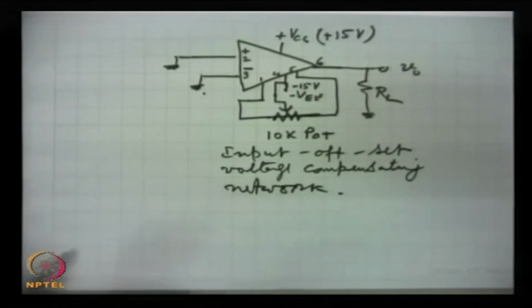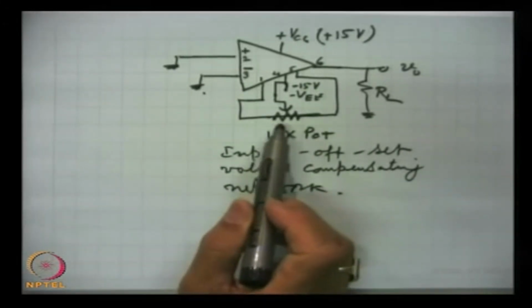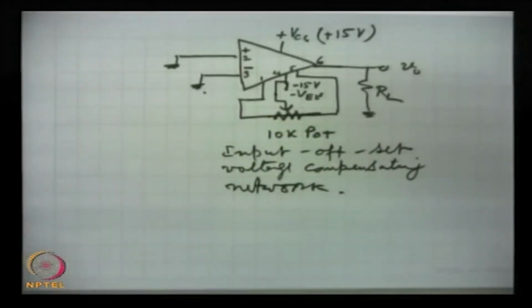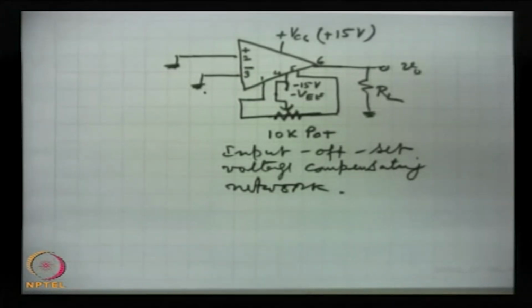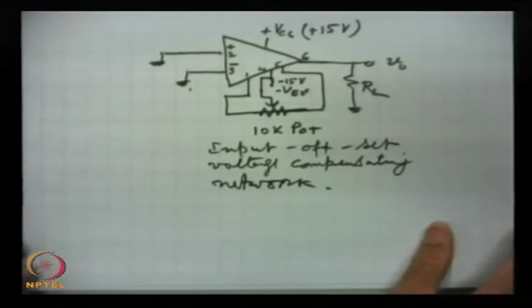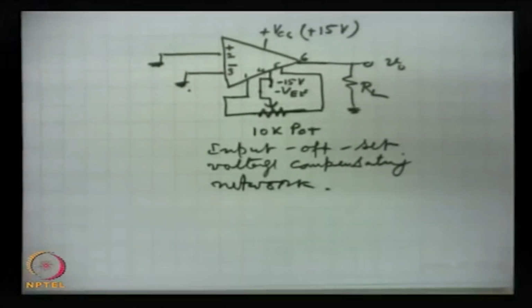At that point it produces a voltage here which is of same magnitude and opposite in phase as the input offset voltage. So, this is how we take the corrective measures, and as I said, this is required for accurate results almost invariably in all the operational amplifiers.